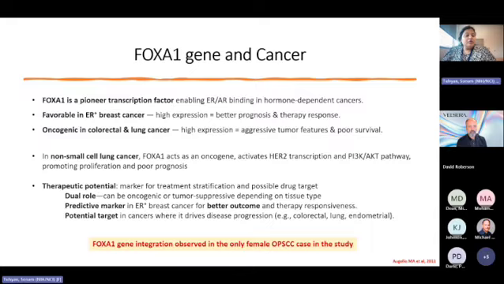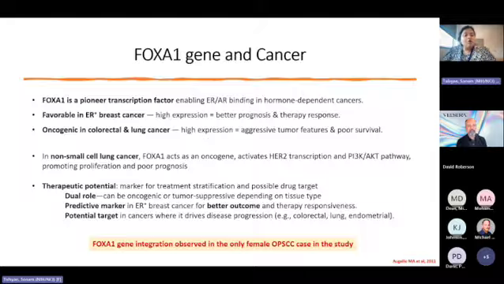It is also found to be oncogenic in colorectal and lung cancer. In small cell lung cancer, it acts as an oncogene, activates HER2 transcription and the PI3K-AKT pathway, promoting proliferation and poor prognosis. Therefore, this gene has a dual role.